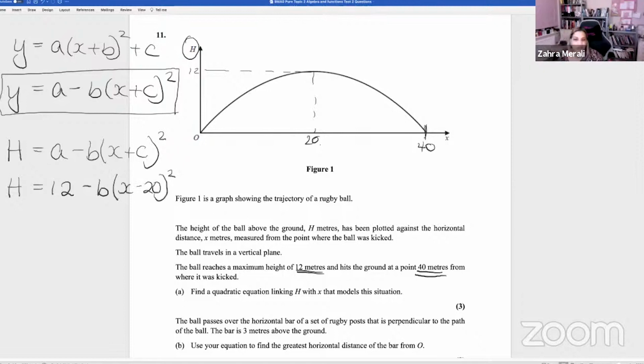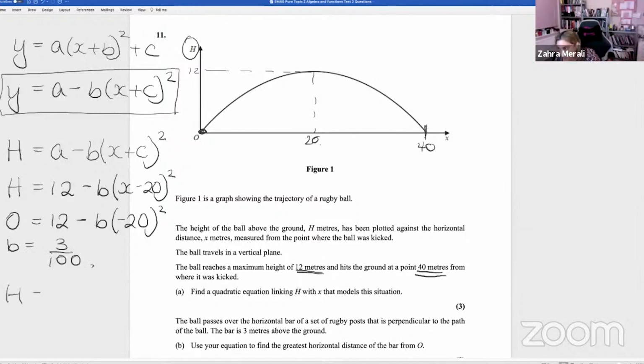And then we know, let's just take the obvious, it goes through the origin. So if h is 0, x is 0, and that means we can find our value for b. And we rearrange that, gives us b equals 3 over 100.